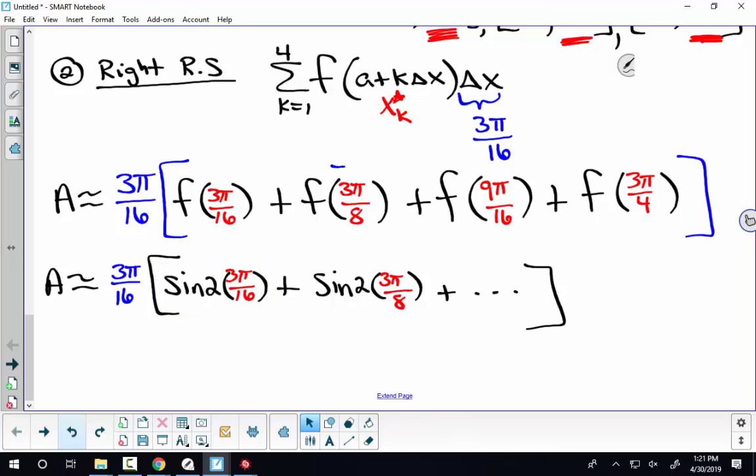So whatever that value comes out to be, that's going to be the approximation of the area under the function sine 2x using right Riemann sums.